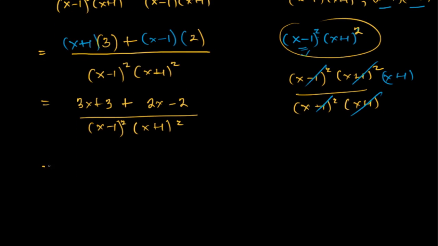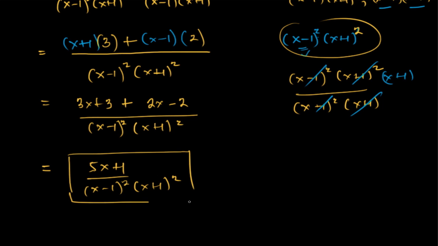Then we go ahead to simplify this. So we have 3x + 2x, which is 5x, and then 3 - 2, which is plus 1, divided by (x - 1)² times (x + 1)². And then since nothing can cross out anymore, we have this to be our final answer.